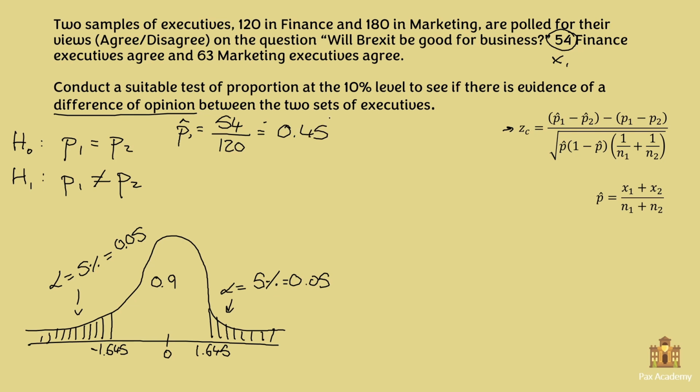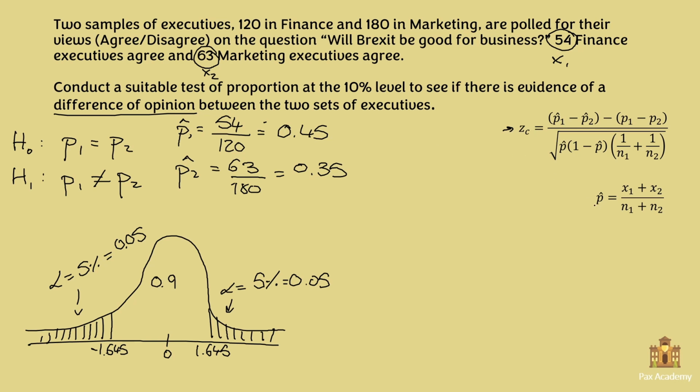And then we do the same thing for P2 hat. P2 hat is 63, which is x2, divided by 180. And this, again, should give you 0.35. Okay.